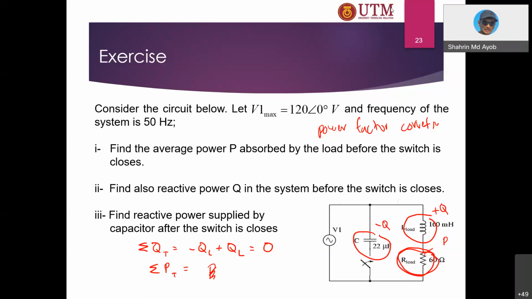All the factories and industry can install capacitor banks to correct their power factors, because if you have low power factors, it will deteriorate the whole power system grid. The power quality of the grid of the TNB will be very bad, and it will cause the TNB some damage in terms of the cables and so on.